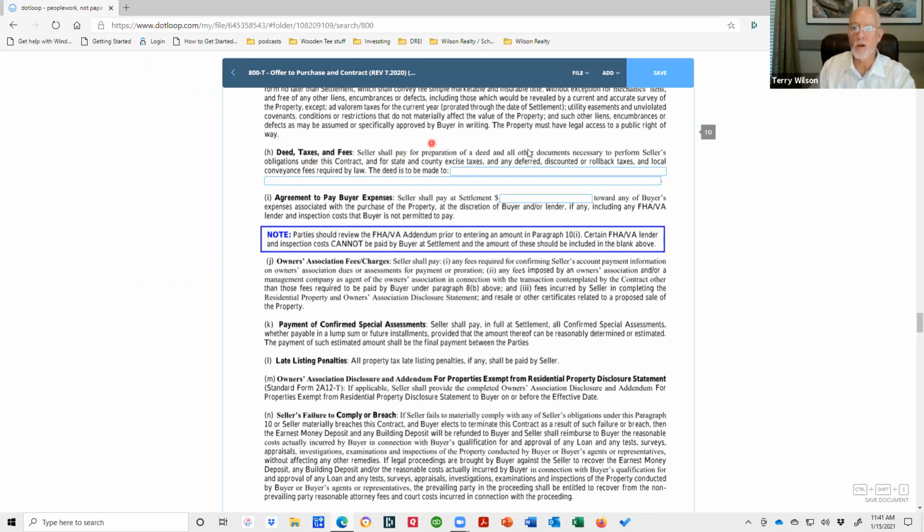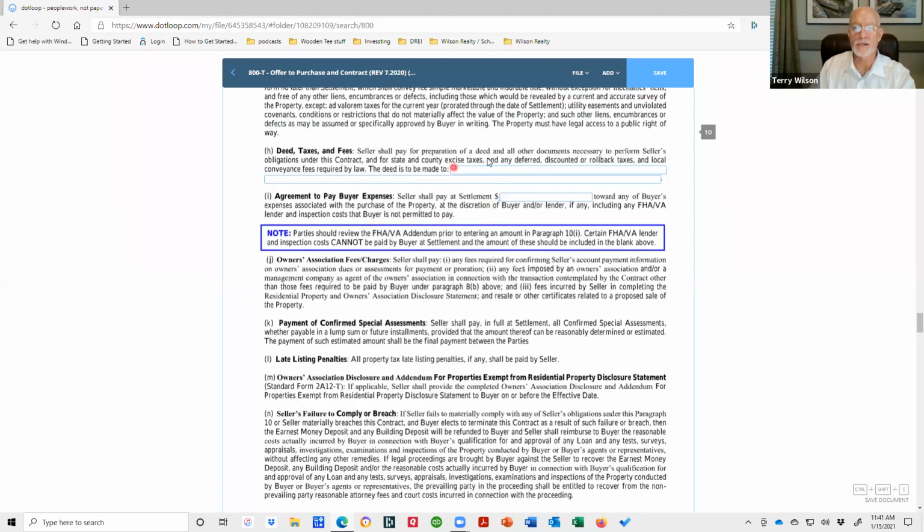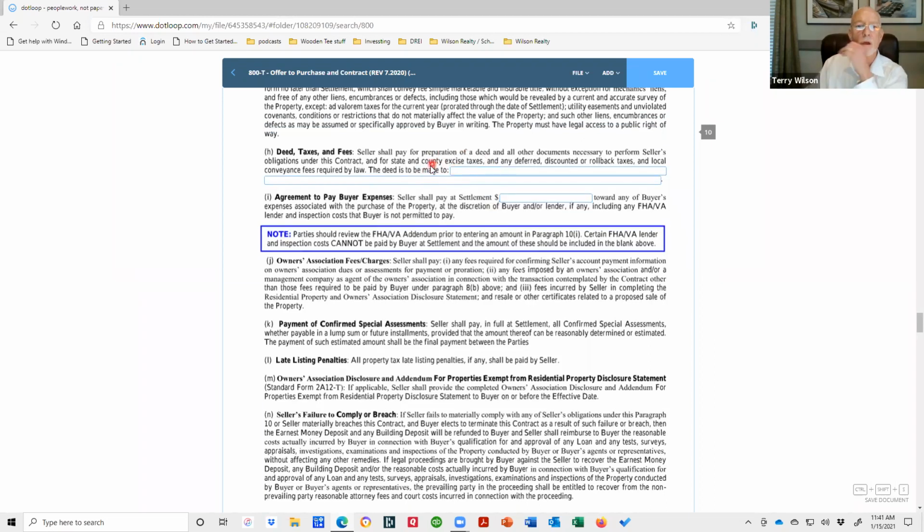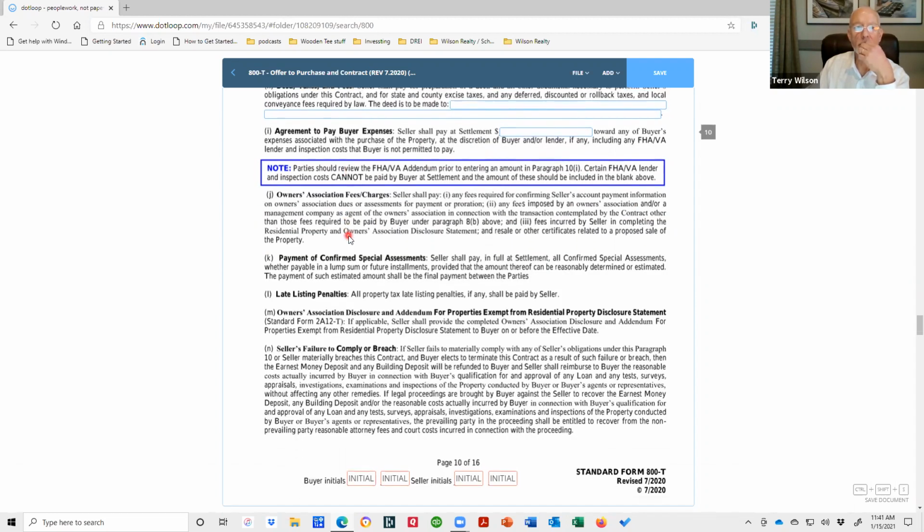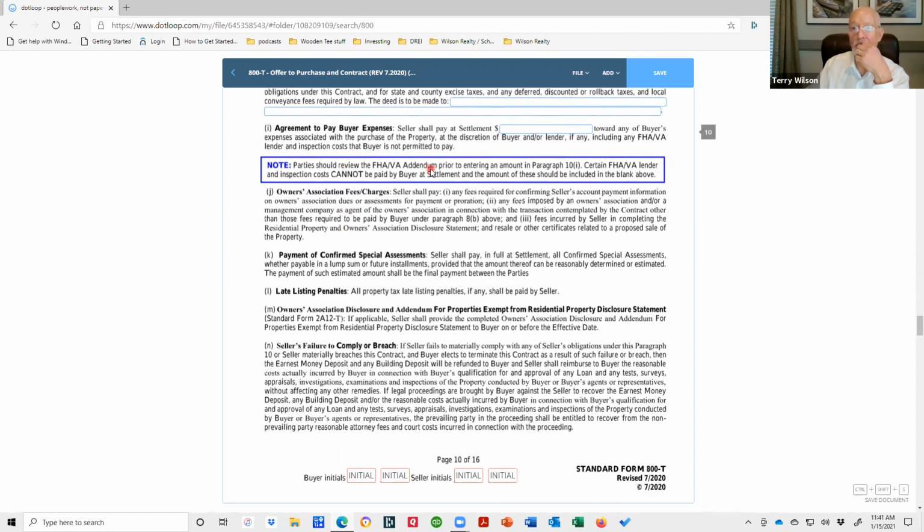Deed, taxes, and fees. Seller shall pay all of those taxes and fees, such as excise tax, rollback taxes, local conveyance taxes, etc. I've never seen any of those other than excise tax. If the seller is agreeing to pay some of the buyer's closing costs, that'll go in here. If the buyer's getting an FHA or VA loan, make sure you include the FHA VA addendum.